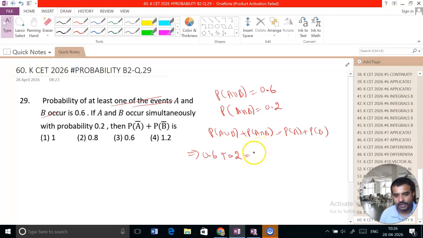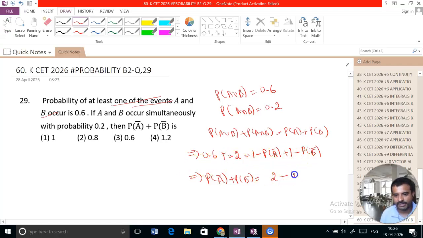By complement formula, probability of A can be written as 1 minus probability of A bar, and probability of B can be written as 1 minus probability of B bar. If you take probability of A bar, probability of B bar to the left hand side, it becomes positive. Probability of A bar plus probability of B bar is equal to 1 plus 1 is 2, minus 0.6 plus 0.2 is 0.8, 2 minus 0.8 is 1.2. So option 4 is the right answer.